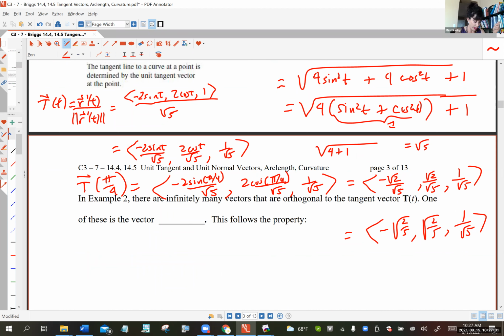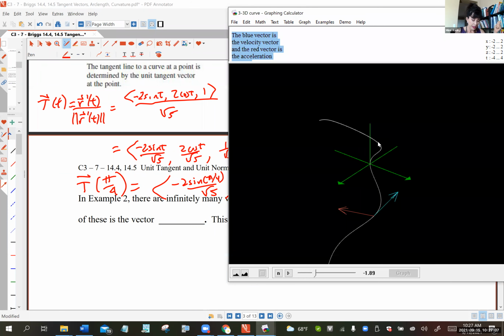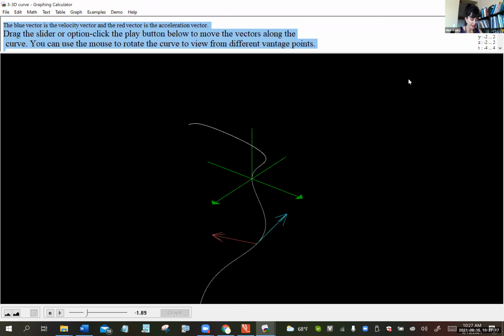So what I wanted to show you is a 3D curve here that's kind of cool. This doesn't involve the unit tangent vector, but it's kind of last lecture. Here's a curve in space. That's that white curve.